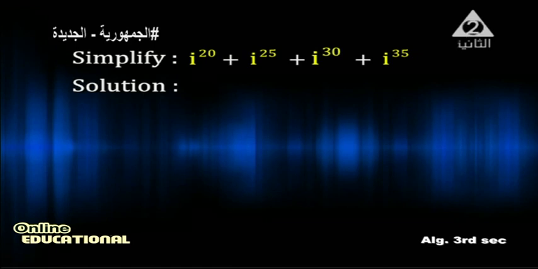Again, if the power is even and divisible by 4, the answer is 1. If the power is even and not divisible by 4, it equals negative 1. Then we deduce the even power is either 1 or negative 1: 1 when divisible by 4, negative 1 when not divisible by 4.